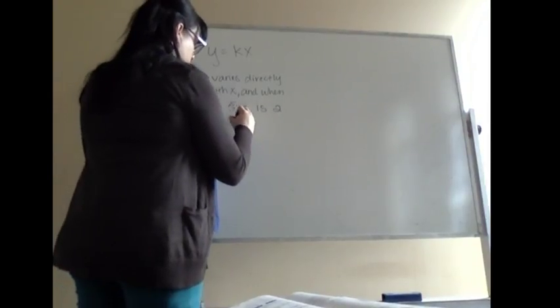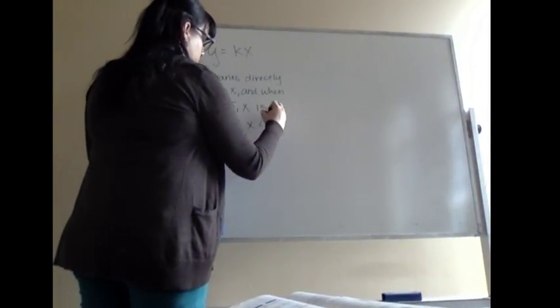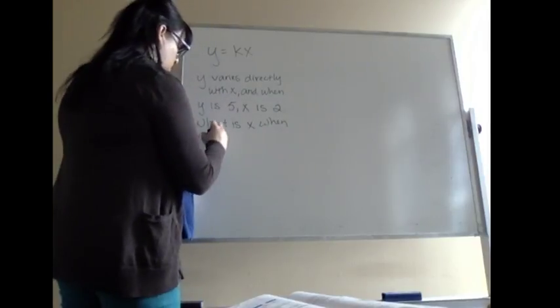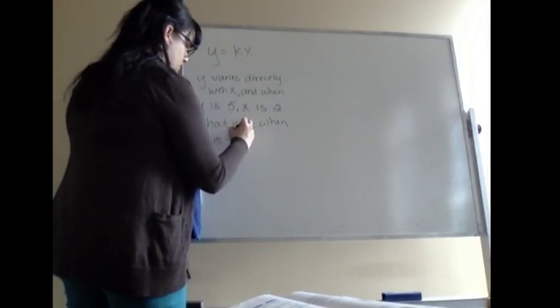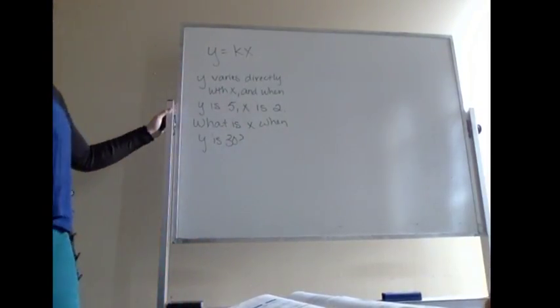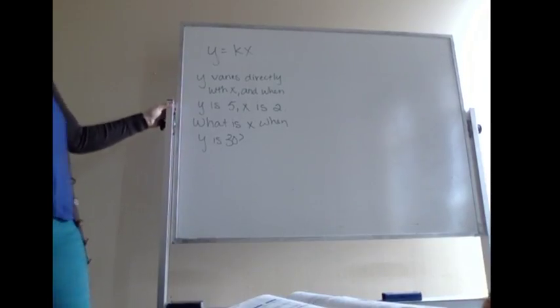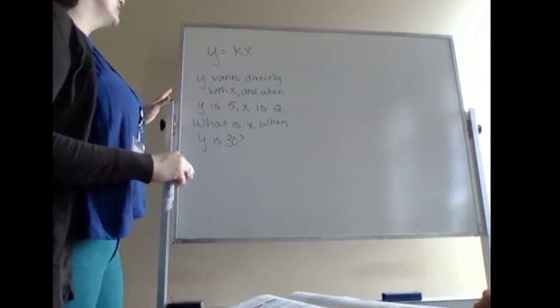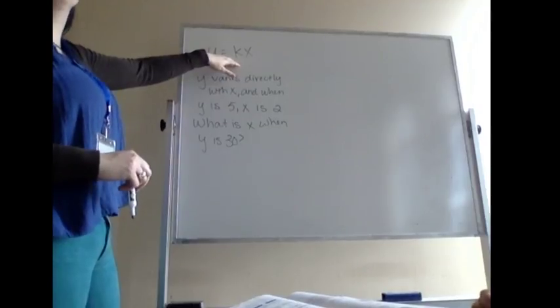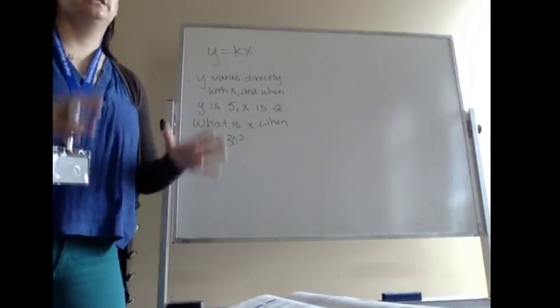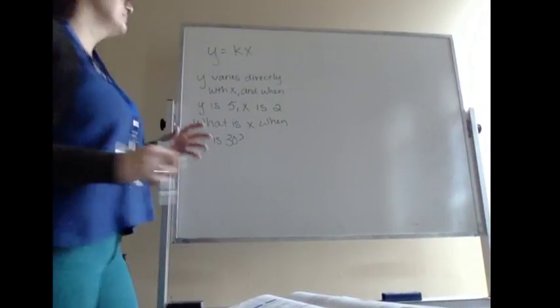What is x when y is 30? So, if we know that they vary directly, we can immediately plug them into here, because the only thing you're looking for is k.